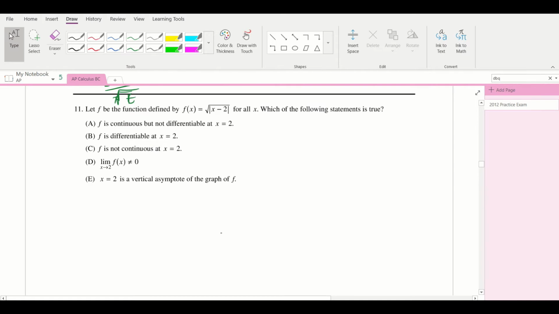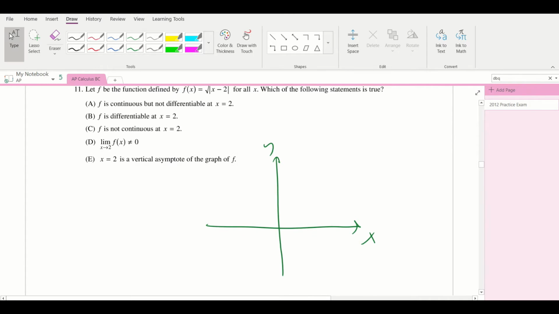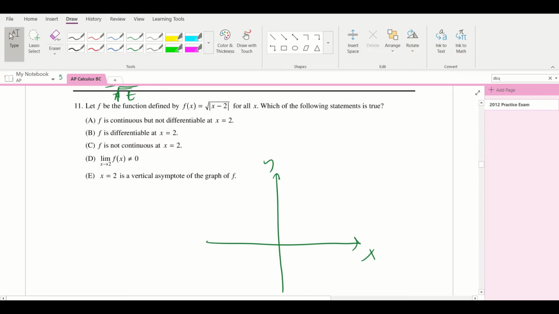All right, so this function here, I guess we can just draw it. So this is shifted to the right. This is just f of x equal, okay, if we consider when x minus 2 is positive, so it's symmetric around x equals 2 right here.